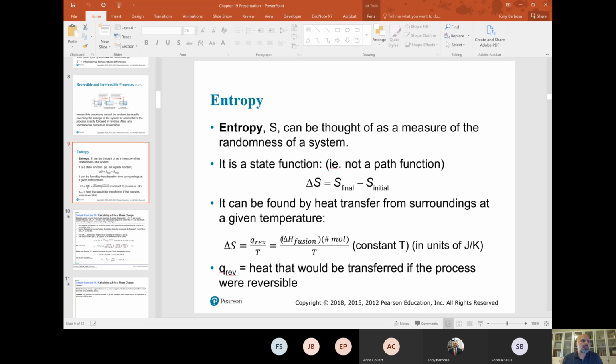Whether you have a negative number or a positive number has to do with the delta H of fusion and which direction you're actually going, if that makes sense.